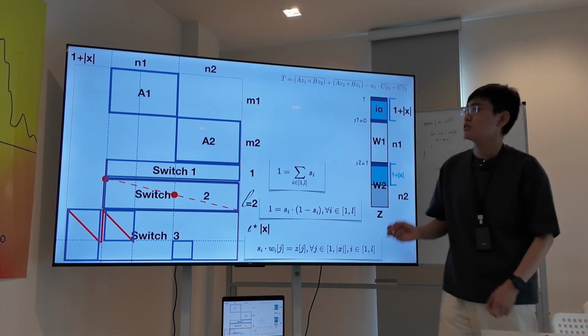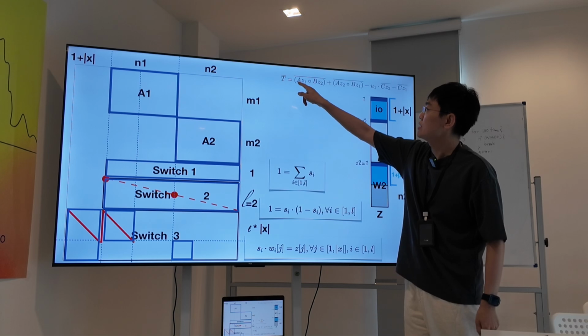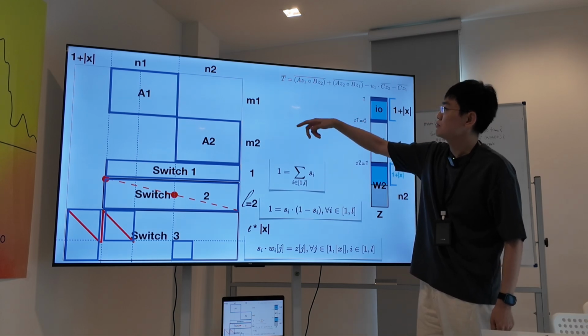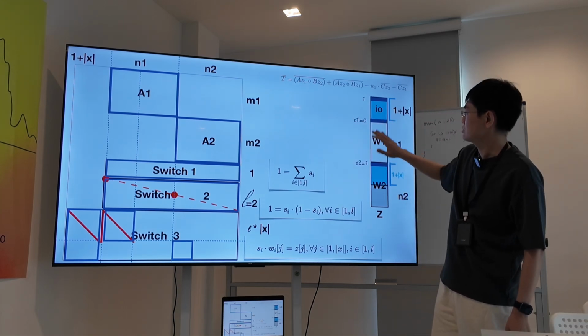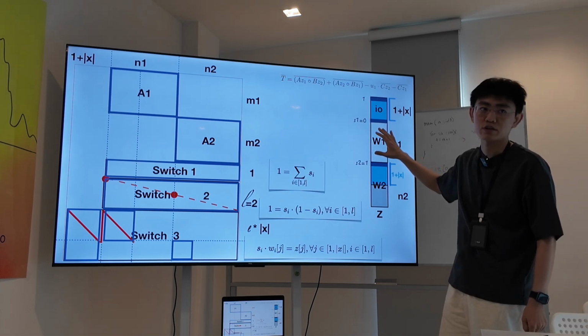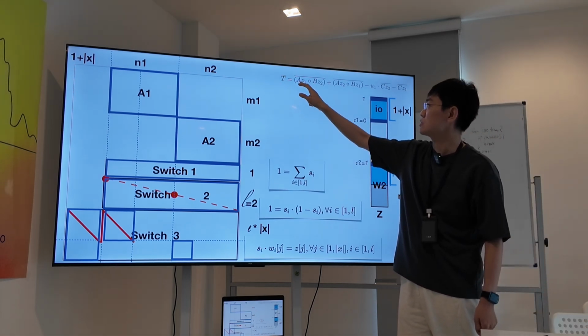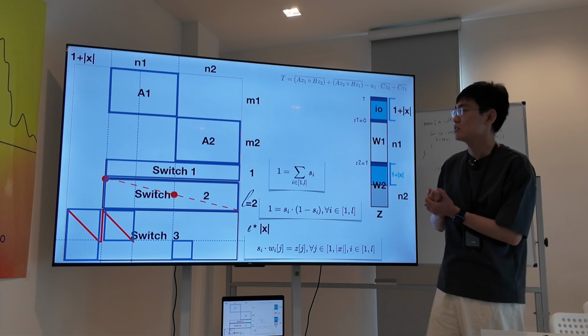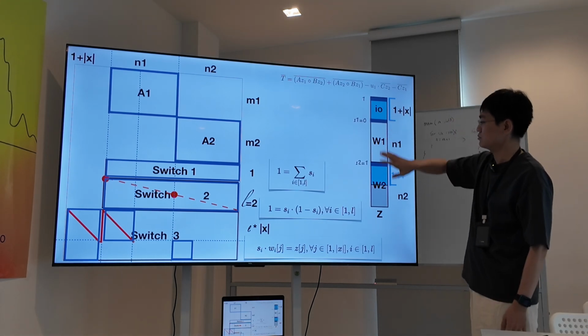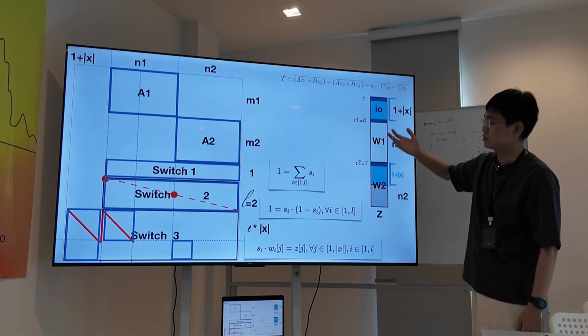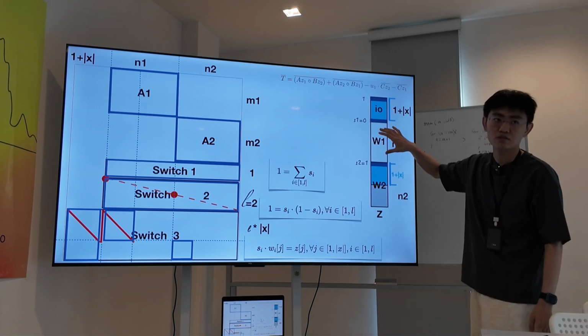And another observation is that for Z1, if Z has this 0 area, the result of Z1 is also like a vector with this area which is 0.